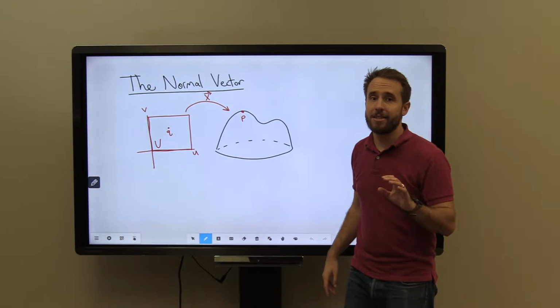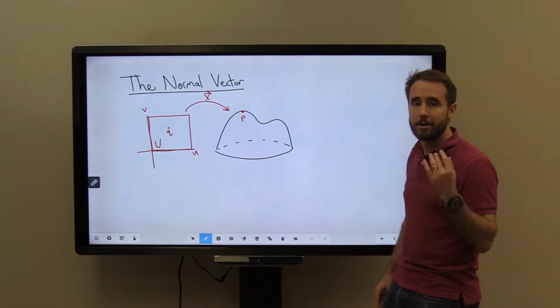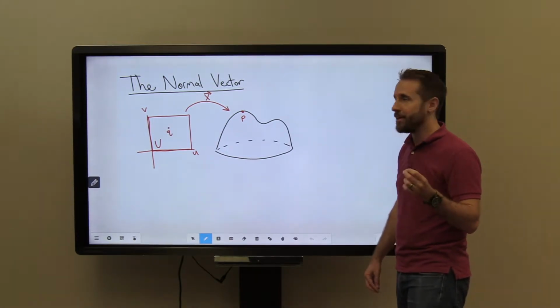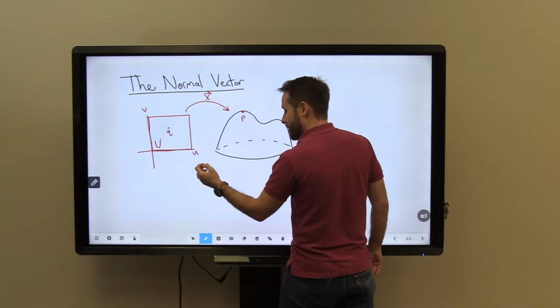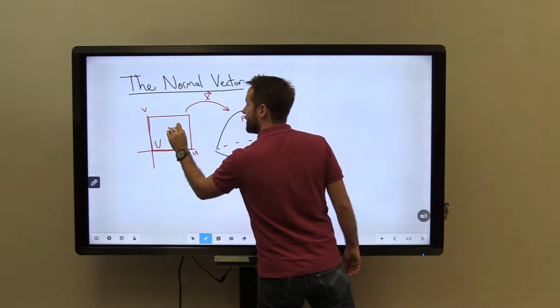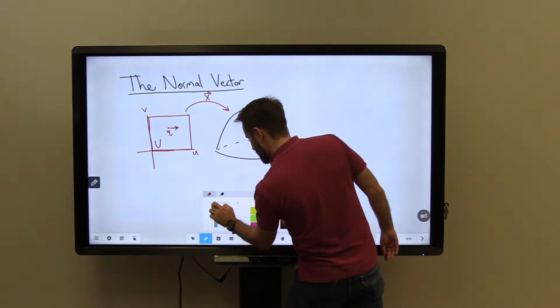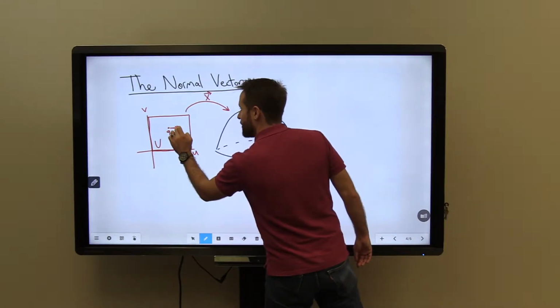Well, we've already seen that we can create our tangent space, our tangent plane, to this surface at the point P by doing the following. We can look at our point Q, and we can think about taking a derivative in the pure U direction.